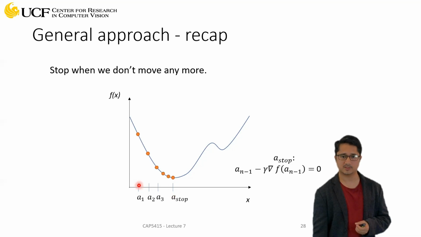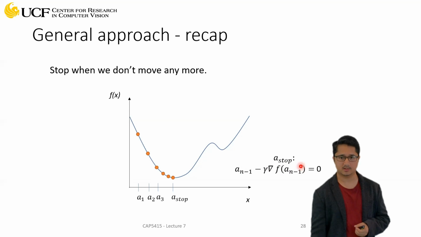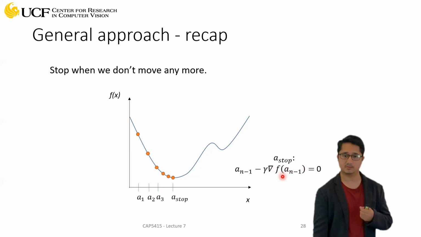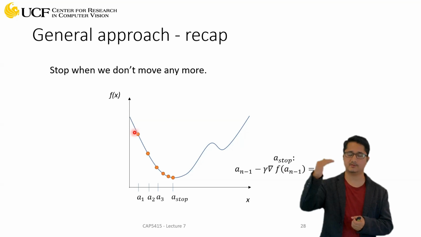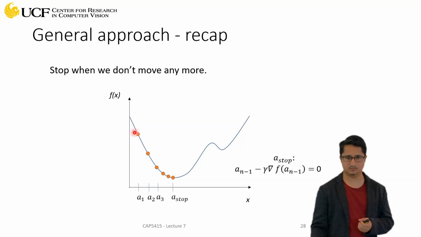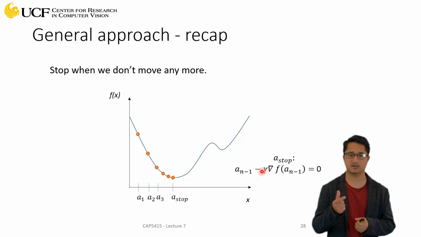To go from this point to this point, this is the simple equation, which is a single step of the gradient descent algorithm. As we discussed last time, there are a couple of parameters here. The second term is just computing the gradient. We find the gradient at this point, and that helps you determine which direction you want to go, whether you want to increase the value or decrease the value. Then you have another hyperparameter, gamma, which is the learning rate.